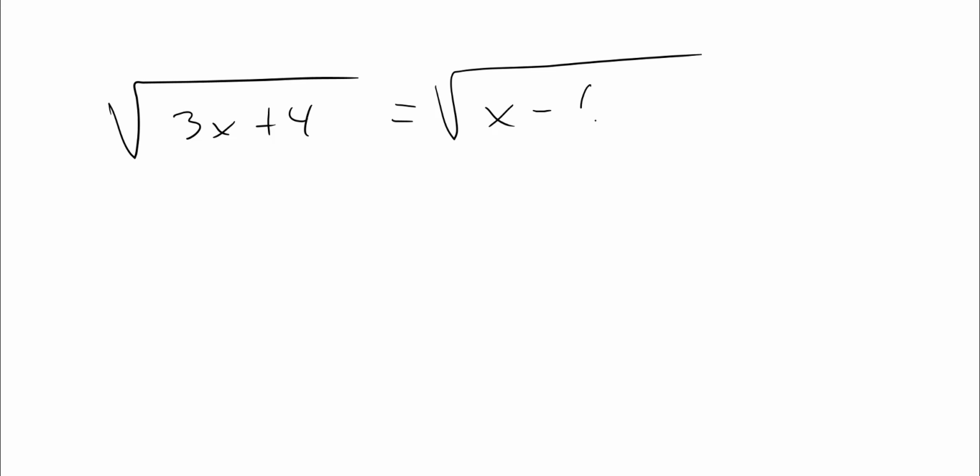So if I said the square root of 3x plus 4 is equal to the square root of x minus 6. Okay, sweet, square both sides. 3x plus 4 equals x minus 6.